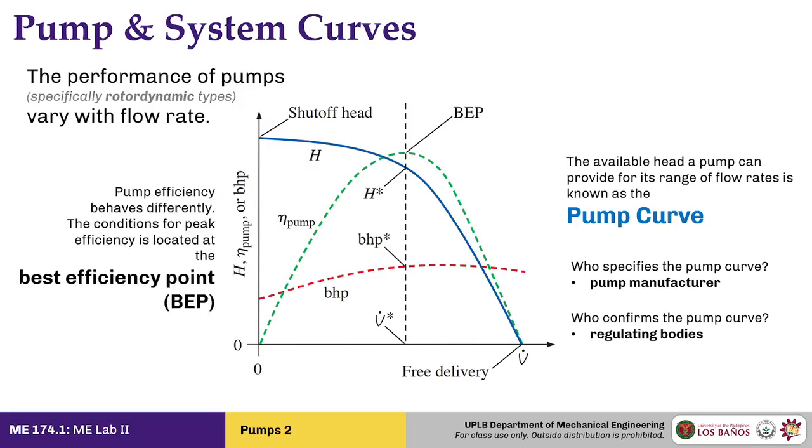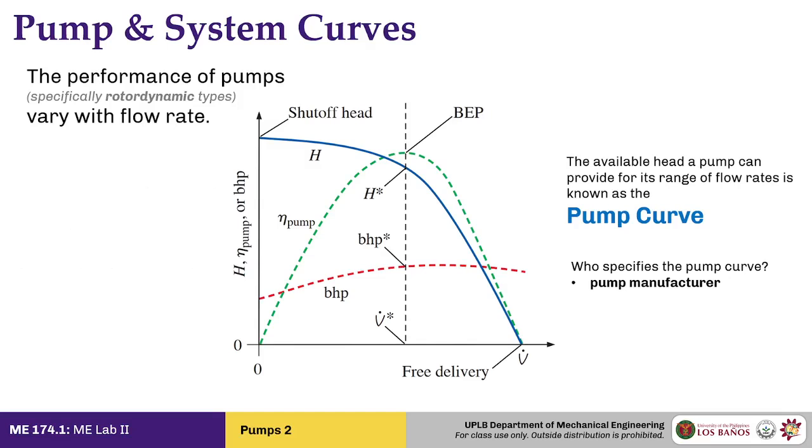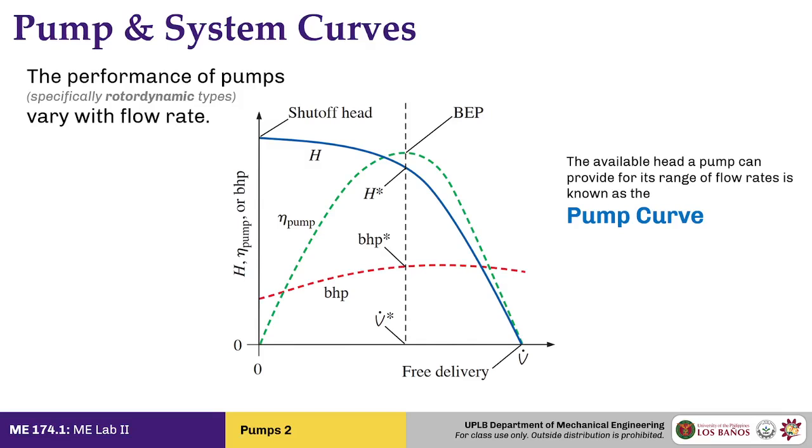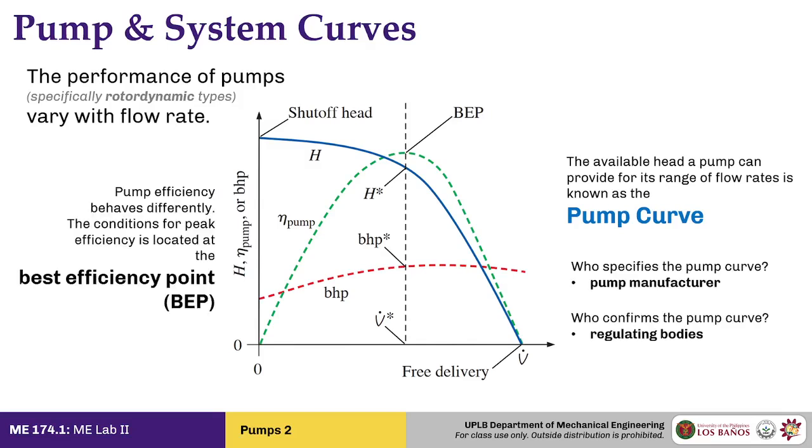This peak is what we call the best efficiency point, or the BEP. So the BEP tends to be, or at least it is not burdened to be similar to the operating point. So again, the operating point and the best efficiency point may or may not be the same.